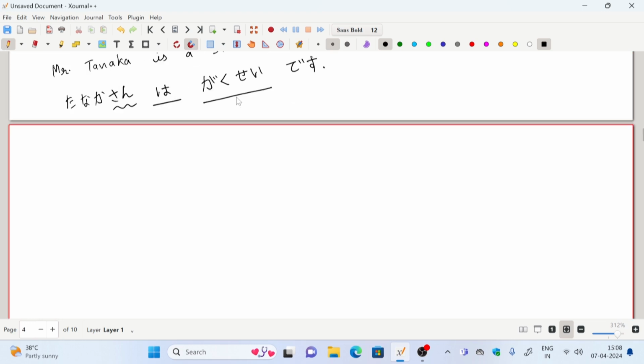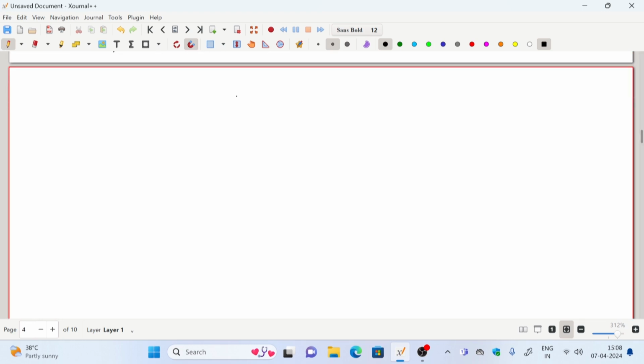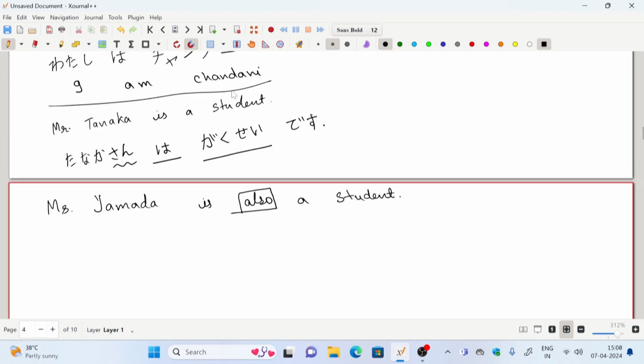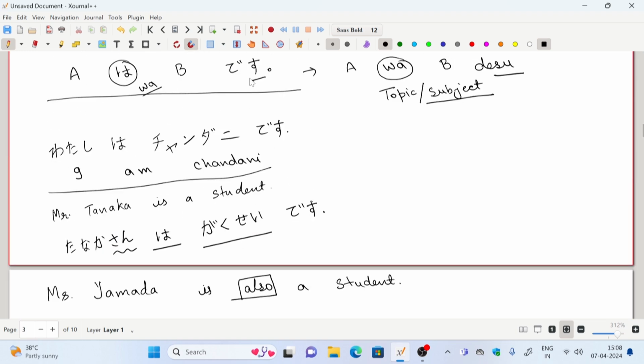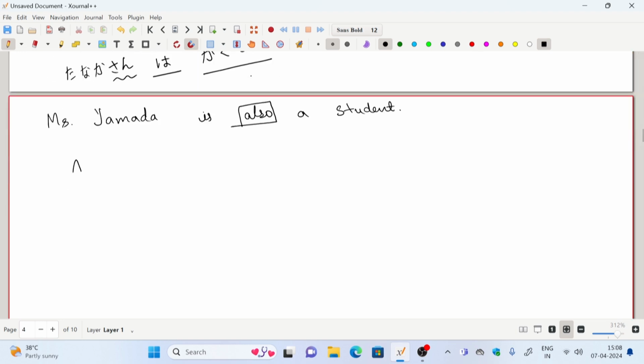If we say Miss Yamada is also a student, here "also" is special. Now the pattern A wa B desu will change into A mo B desu.